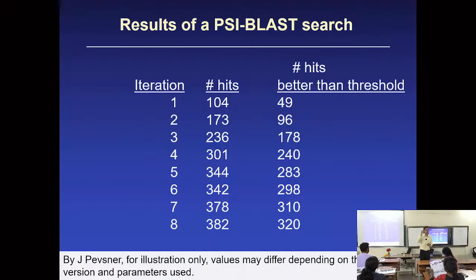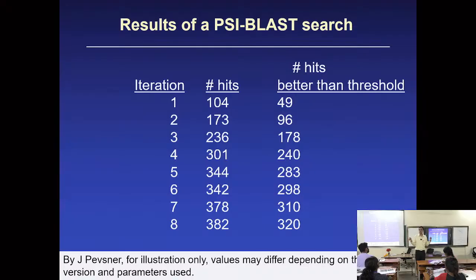And then use those hits to refine the matrix. So first you make the matrix using hits, then you do BLAST, you get new hits, then use all those hits to make the matrix again, and repeat. This way you are continually refining the matrix as you are getting more and more members of the family that the query belongs to.